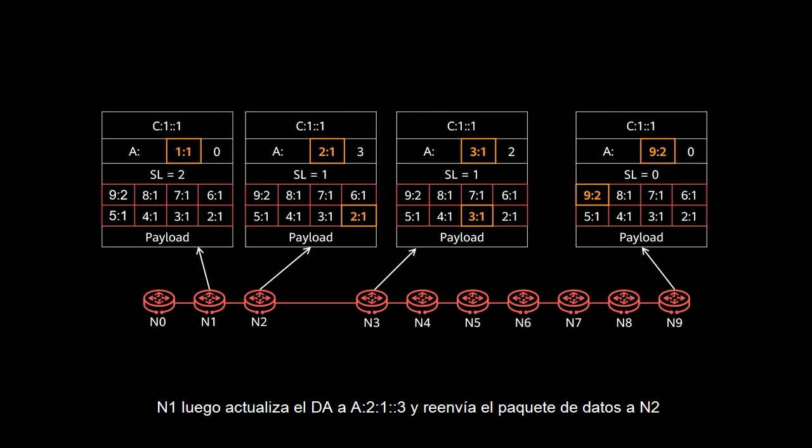And then node 1 updates the DA to be like a:2:1:3 and forwards the packet based on the updated DA to the next hop, node 2. After receiving the data packet, node 2 processes the COC flavored SID in a similar way.